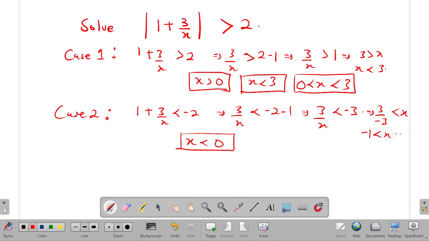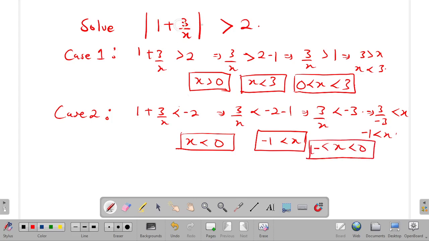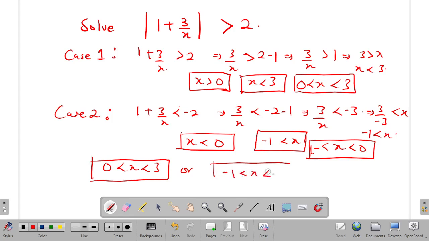So therefore, we're going to have negative 1 less than x as another box. Then the final answer becomes x greater than negative 1 and less than 0, right? Therefore, the solution to this is simply 0 less than x less than 3, or negative 1 less than x less than 0.